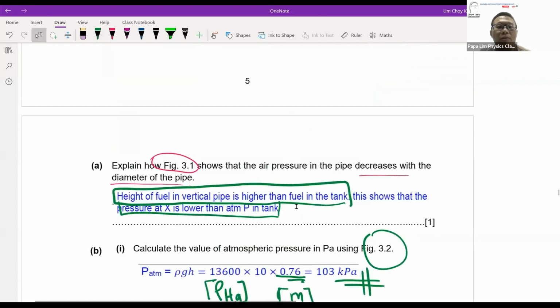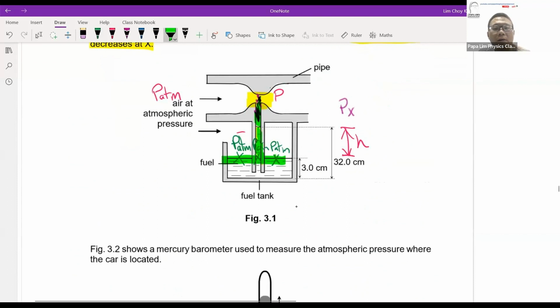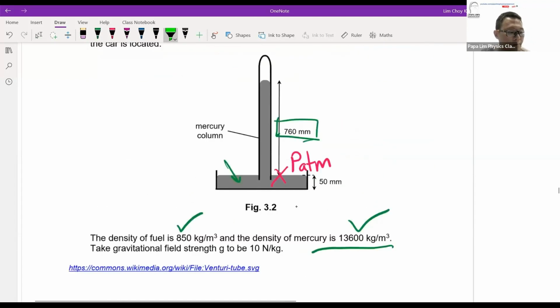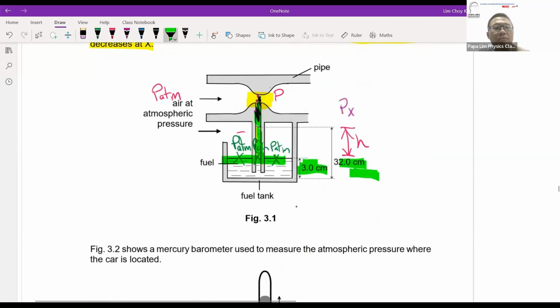We are looking at a height of 32, then after that a height of 3 cm here. So the fuel height is the difference between them, 32 minus 3 cm, which is 29 cm.